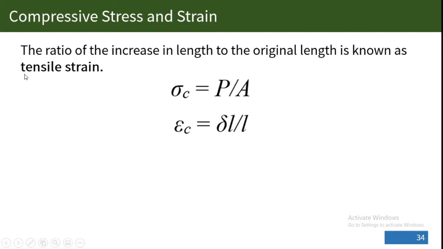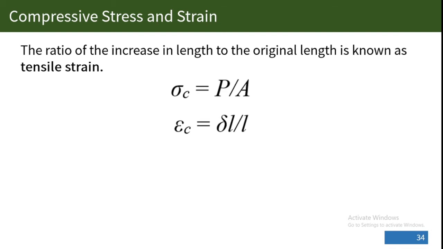It is denoted by epsilon sub c, which is equal to the change in length delta L over L, right? The change in length is the decrease in length after applying the compressive loads.